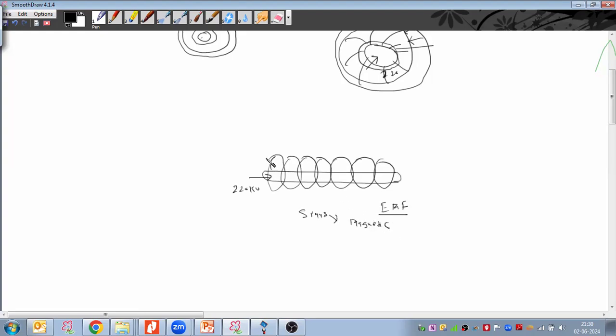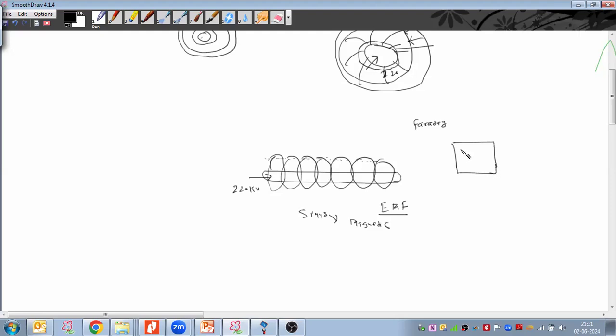So if any metallic part comes into the exposure of that sinusoidal magnetic field, a voltage will be induced in that metallic part, which is Faraday's induction law, right? Just take the example of the transformer as well.